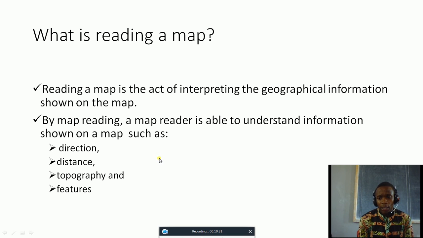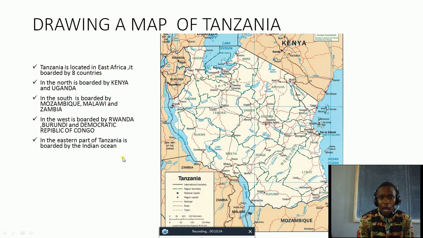Now let us know how to draw a map of Tanzania. Tanzania is among the East African countries.